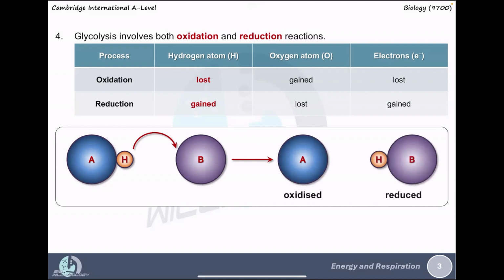On the other hand, because chemical B gains hydrogen atoms, chemical B is reduced. We are going to look at this concept later in glycolysis, as well as the link reaction, Krebs cycle, and also oxidative phosphorylation, where oxidation and reduction take place during aerobic respiration.